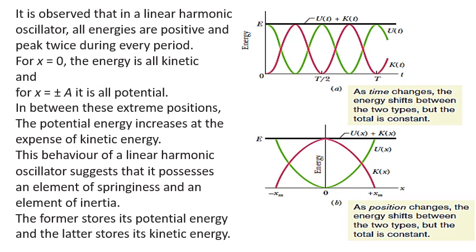In between these extreme positions, the potential energy increases at the expense of kinetic energy. This behavior of a linear harmonic oscillator suggests that it possesses an element of springiness and an element of inertia. The former stores its potential energy and the latter stores its kinetic energy.